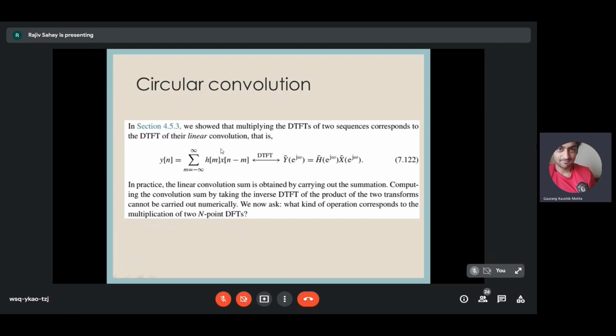Now what we are going to study is circular convolution. So here it will be x of n minus m modulo N. When you multiply two DFT coefficients, H of k into X of k, to get Y of k, the inverse DFT will give you the circular convolution between h of n and x of n minus m modulo N. That is the idea.